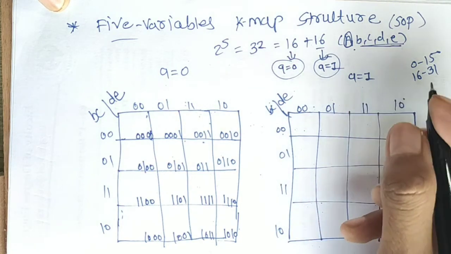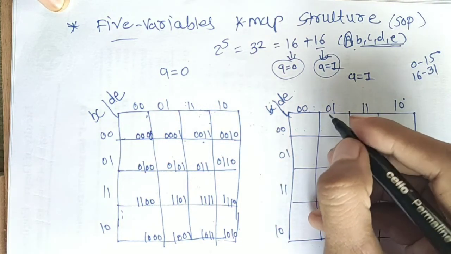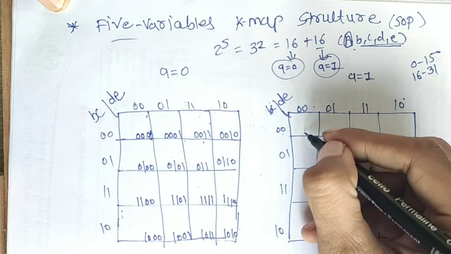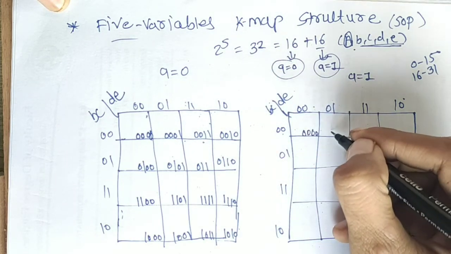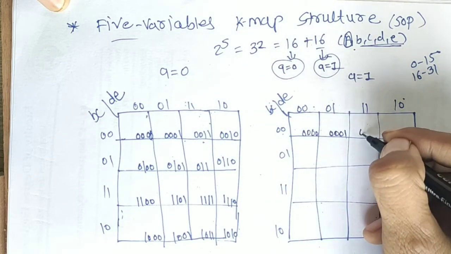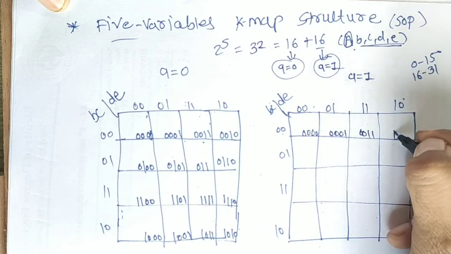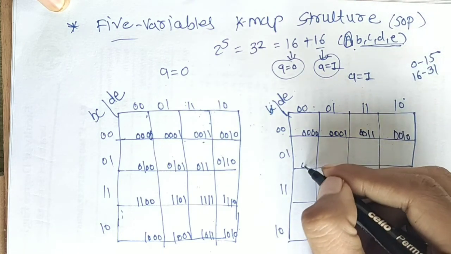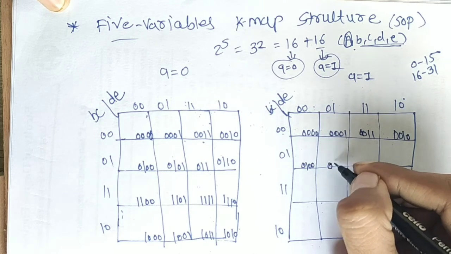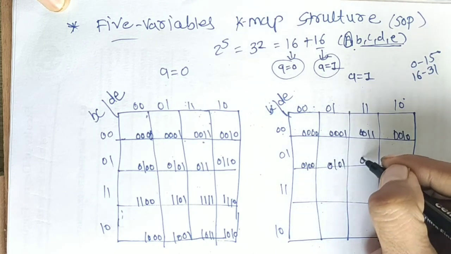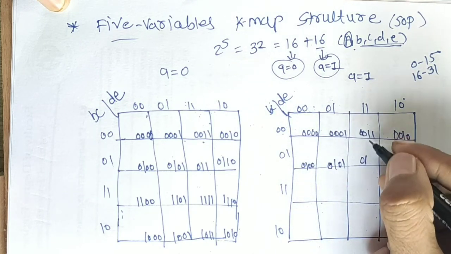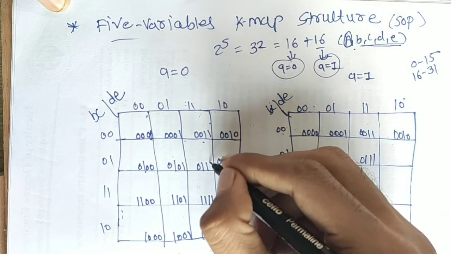Now in this 4 variable K-map structure, again the address will always be the same. Here is the 0, 0, 0, 0, 0, 1, 0, 0, 1, 1, 0, 0, 1, 0, 0, 1, 0, 0, 0, 1, 0, 1, 0, 1, 1, 1.